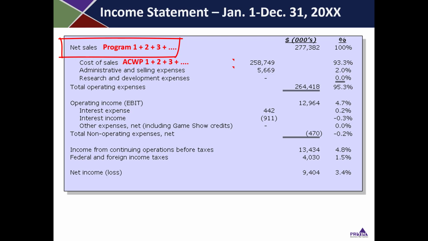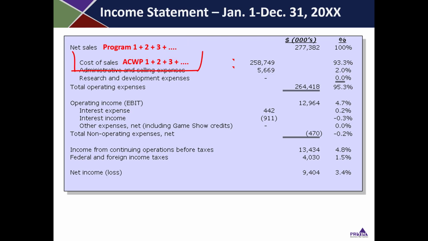And sales, as you can see noted on the screen, for an A&D company are mainly the sales coming from the programs that we're running at the company, all added together. And net sales means that some things are subtracted from gross sales, which is sometimes shown as a separate line item above net sales. And items such as sales discounts, returns would be in between gross sales and net sales.